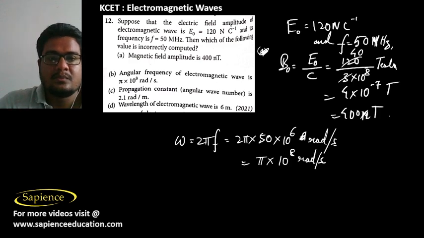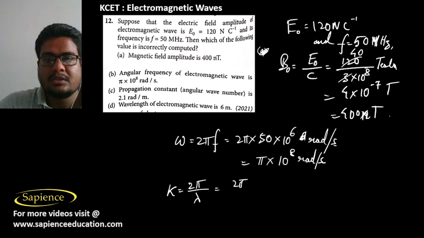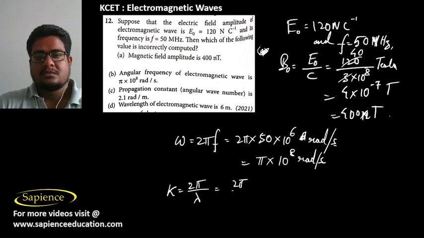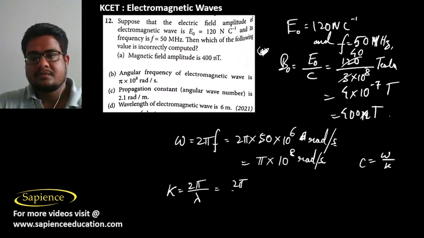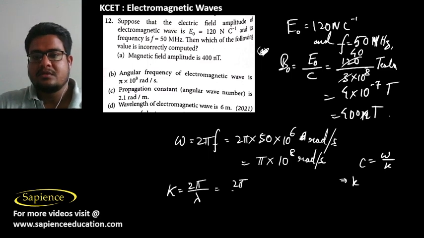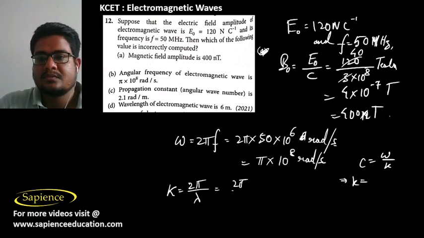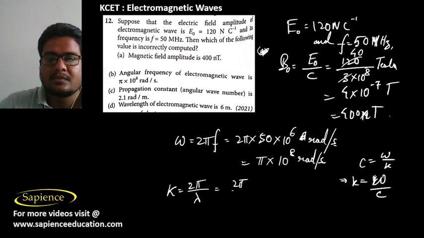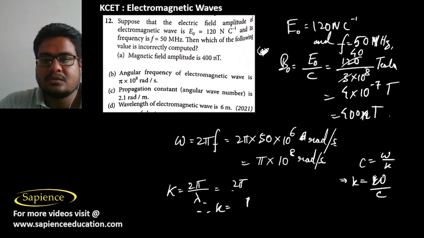And then the propagation constant, or the angular wave number K, is equal to 2 pi by lambda. Lambda is equal to C by f, I can write it as omega by K, so K is equal to omega by C. Therefore K is pi into 10 power 8 divided by C, that is 3 into 10 power 8.